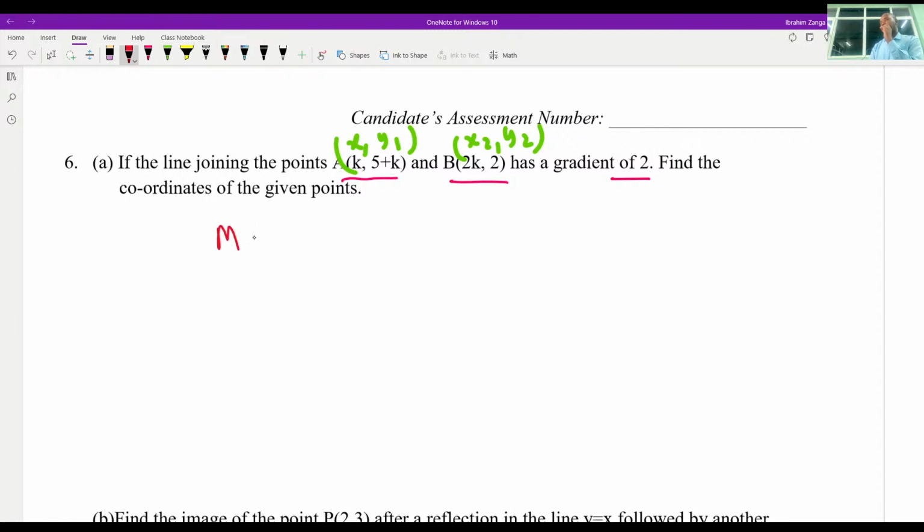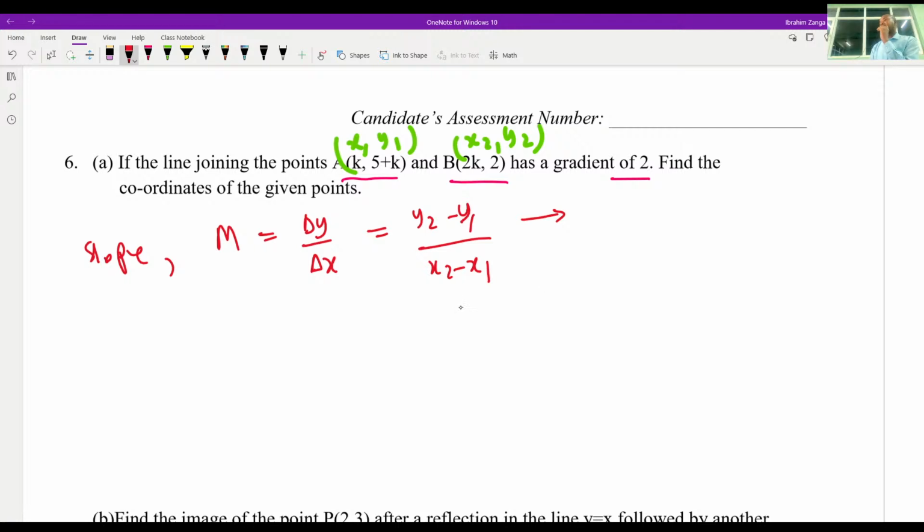We know that slope is change in y over change in x, which is y2 minus y1 over x2 minus x1.